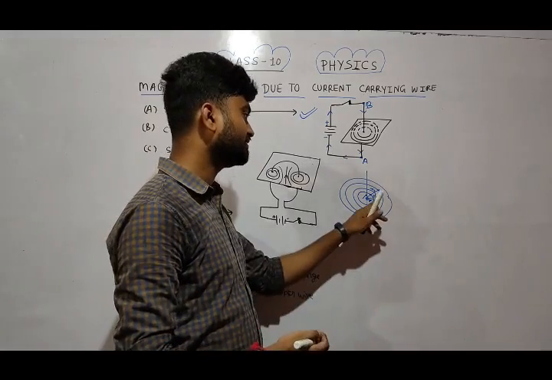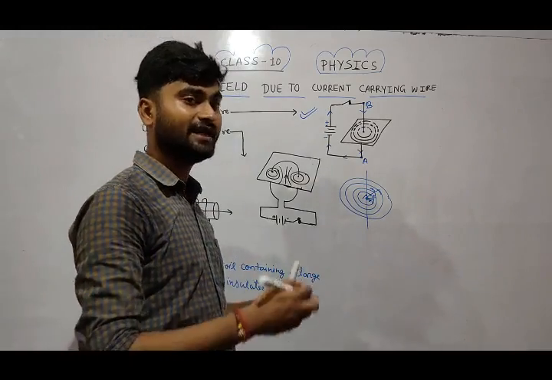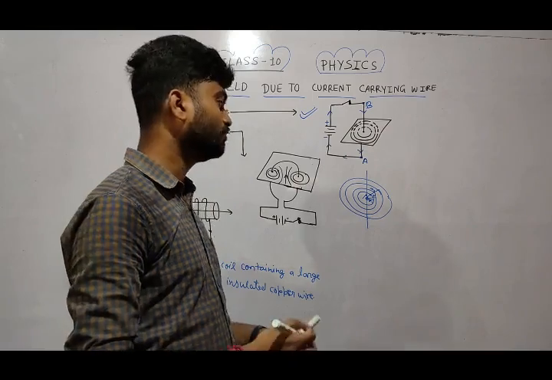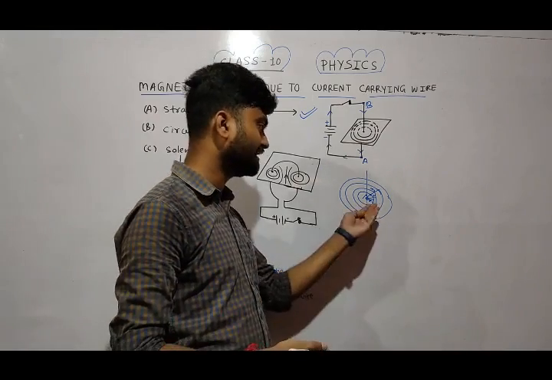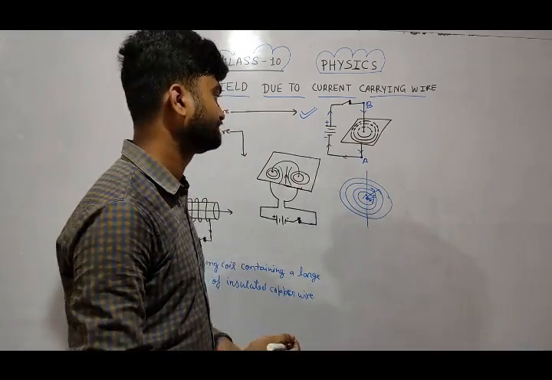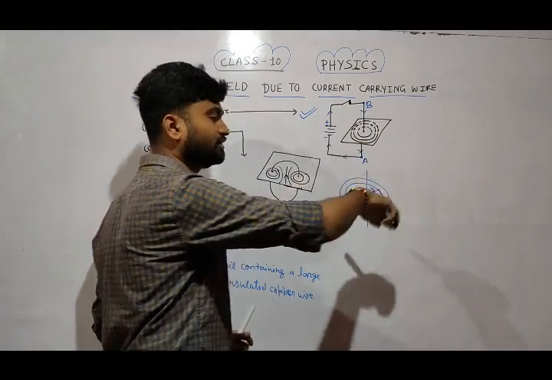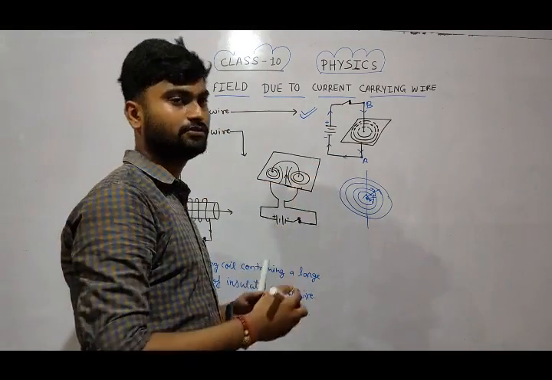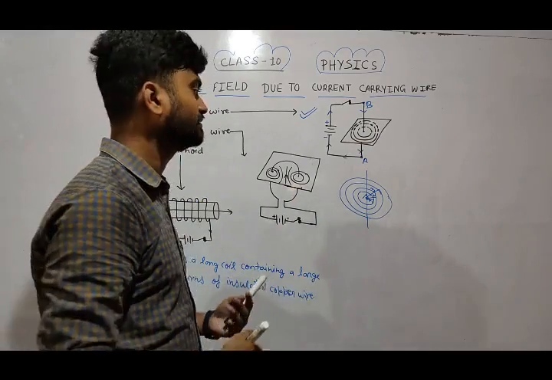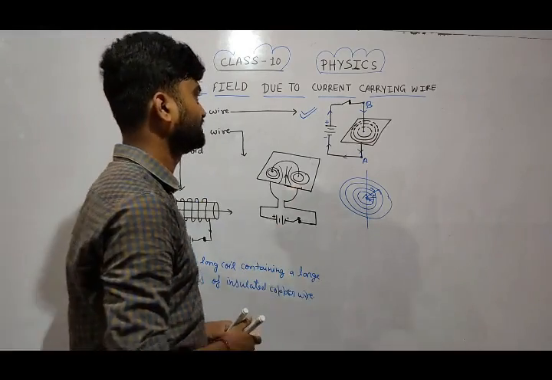So as we get nearer the wire, the magnetic field lines are closer, and the strength of magnetic field is stronger when we are close to the wire. As we move from the center, the circular magnetic field lines go wider and wider. That means the radius becomes more, right?